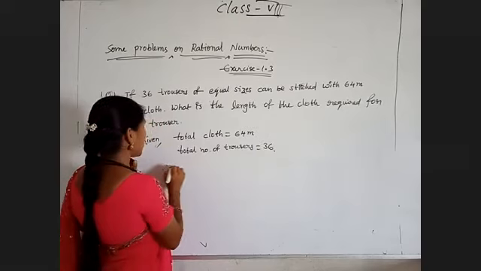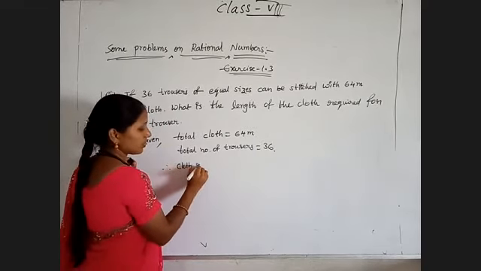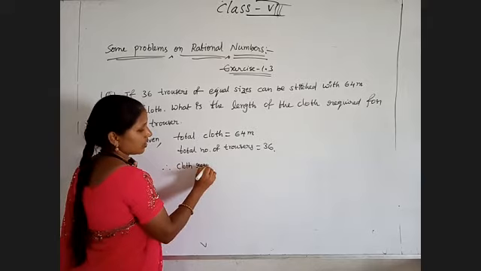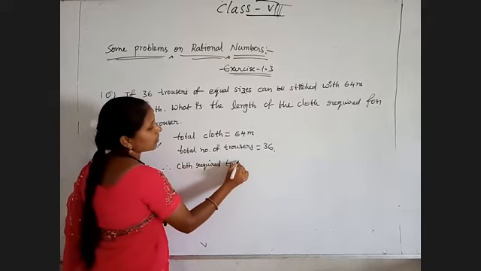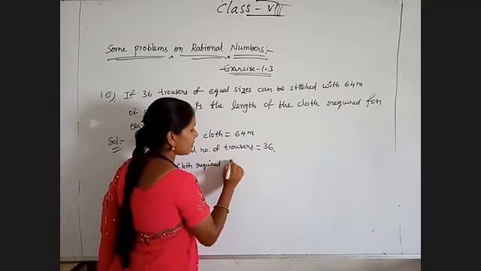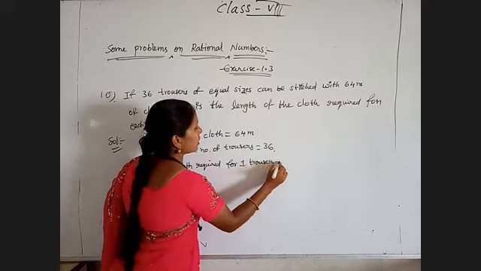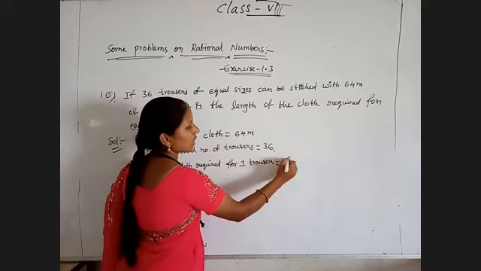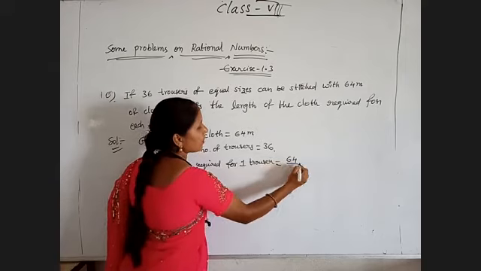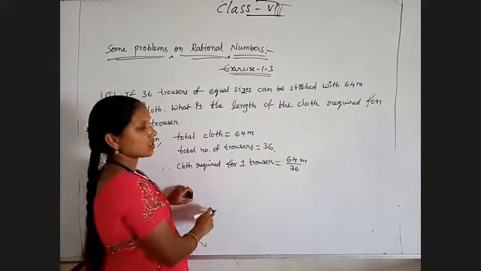Therefore, cloth required for one trouser is equal to total length divided by number of trousers, 36 trousers.